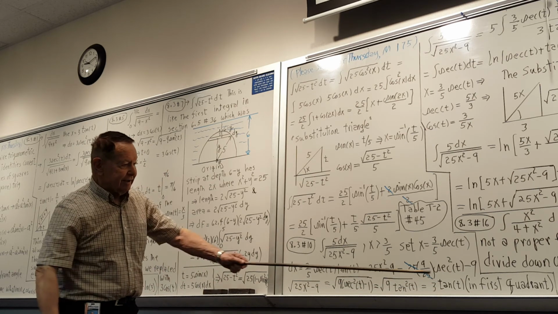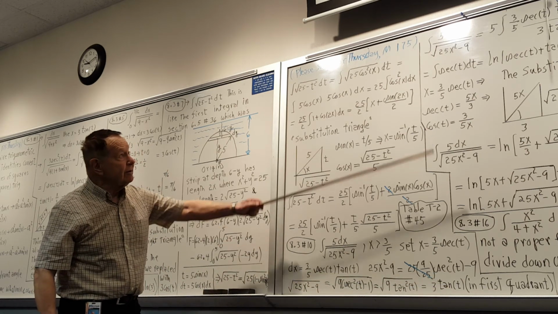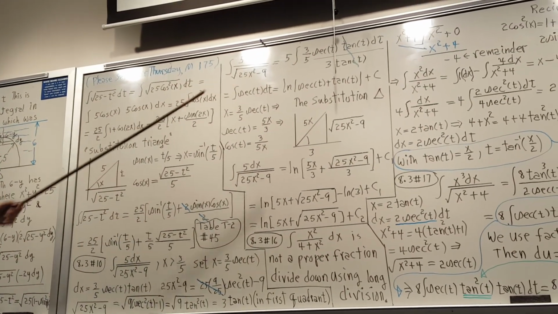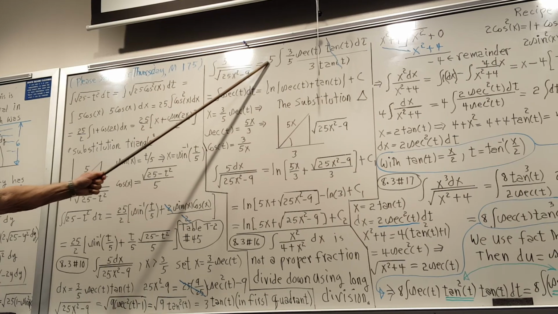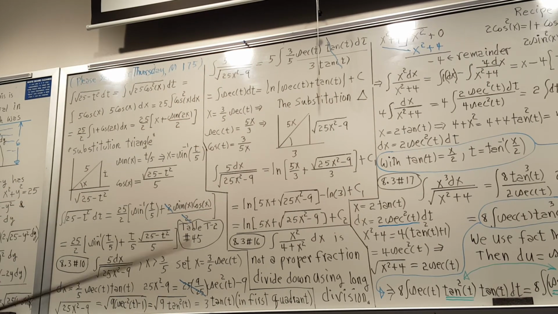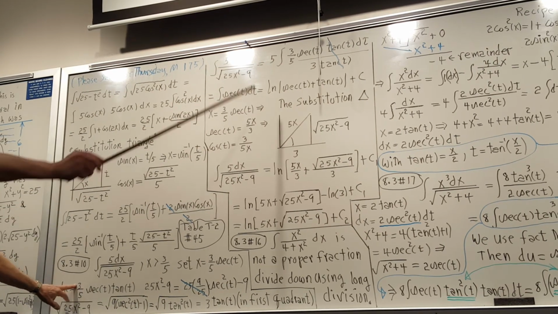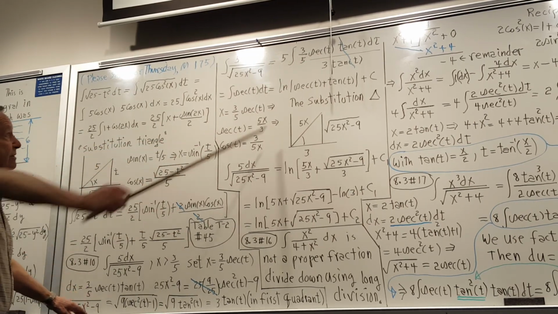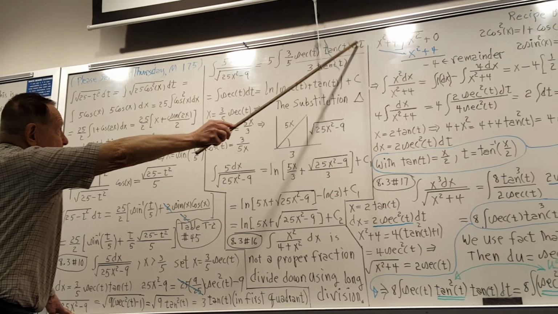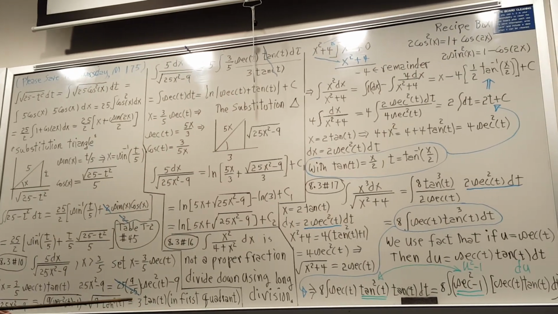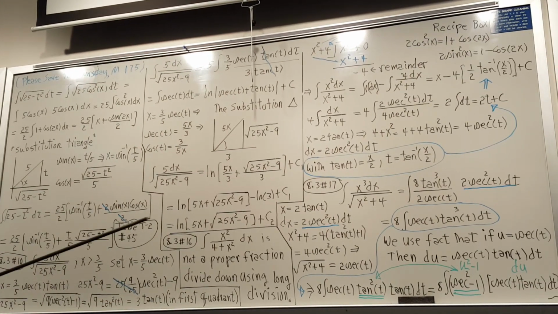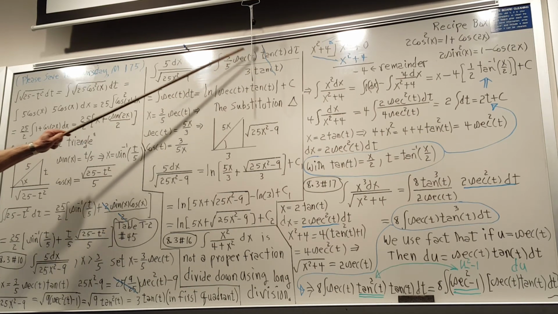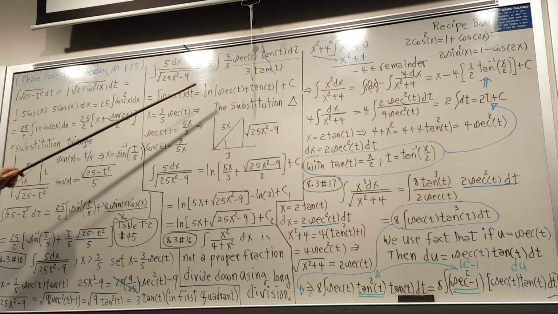And we're thinking of this in the first quadrant. So the original problem then, I factored the 5 out, and my dx was 3/5 secant tangent dt, and then my denominator was 3 tangent. And so the tangents cancel and the 3's cancel.